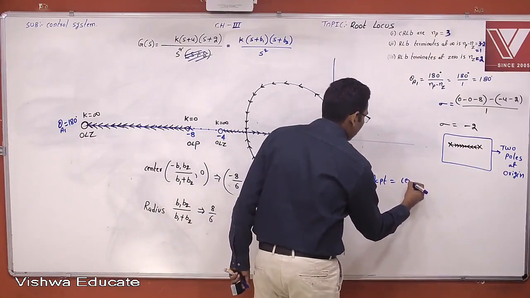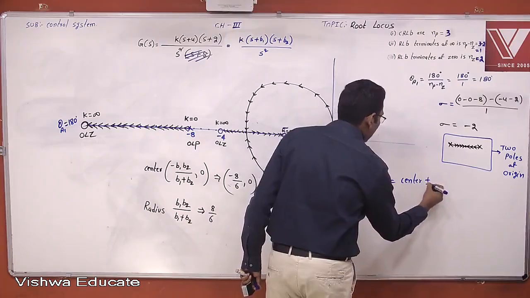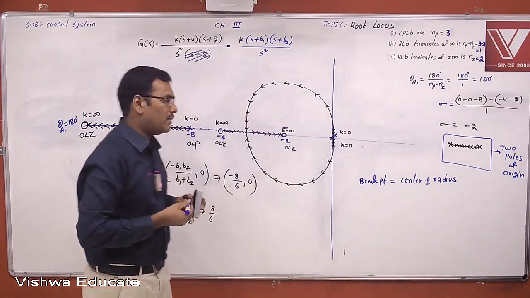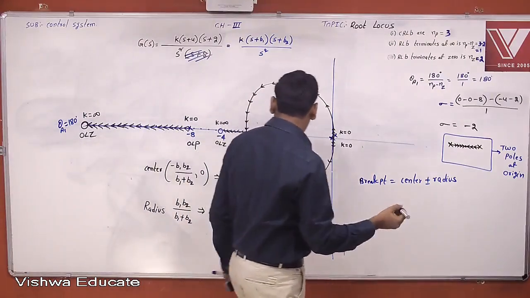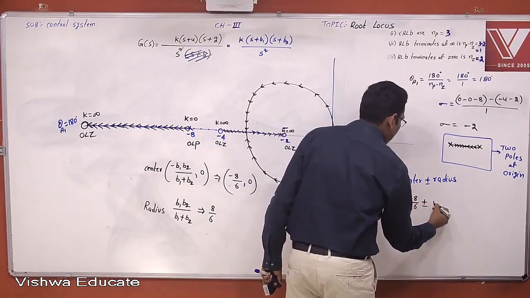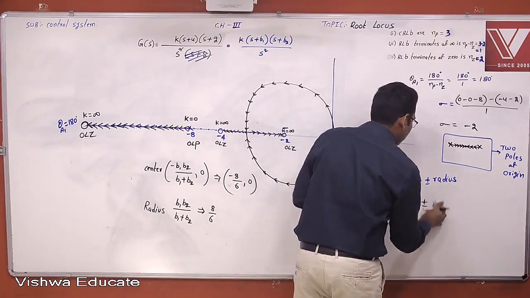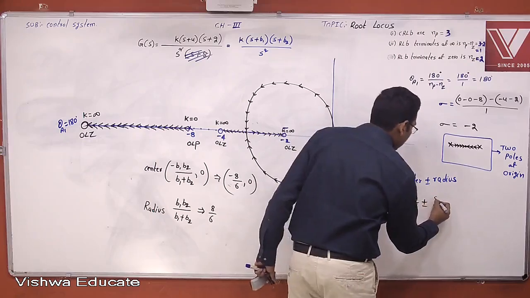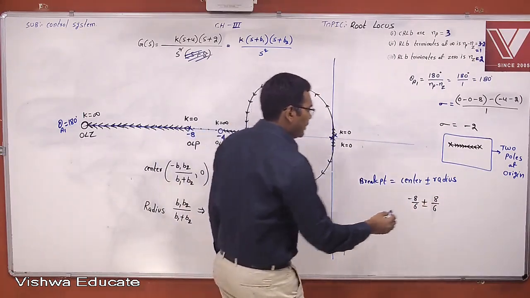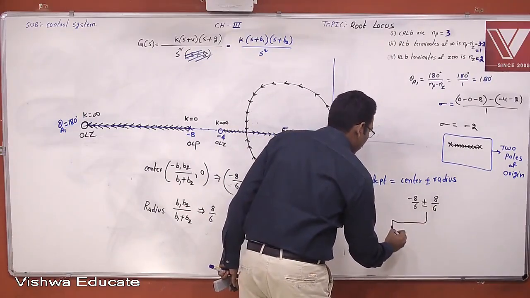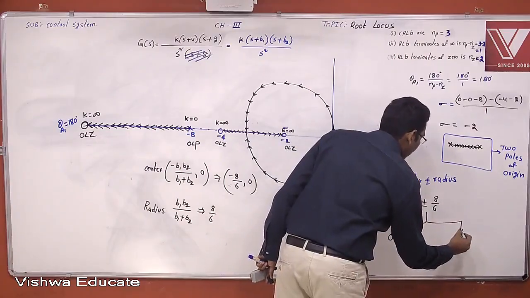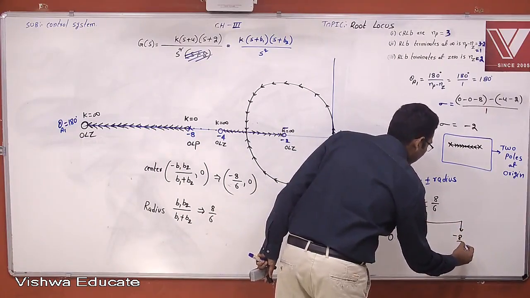Center is minus 8 by 6, plus or minus radius, also 8 by 6. Now minus 8 by 6 plus 8 by 6, and minus 8 by 6 minus 8 by 6.